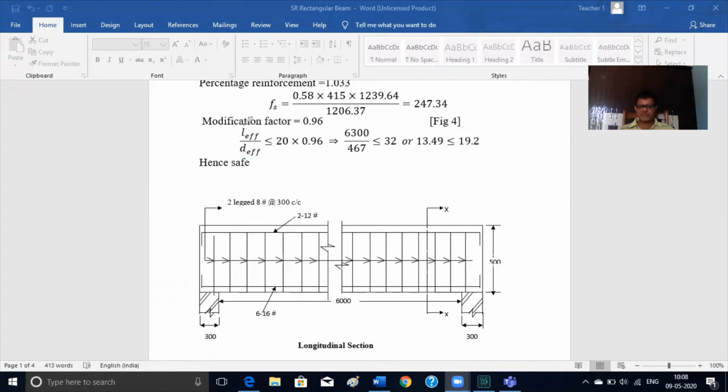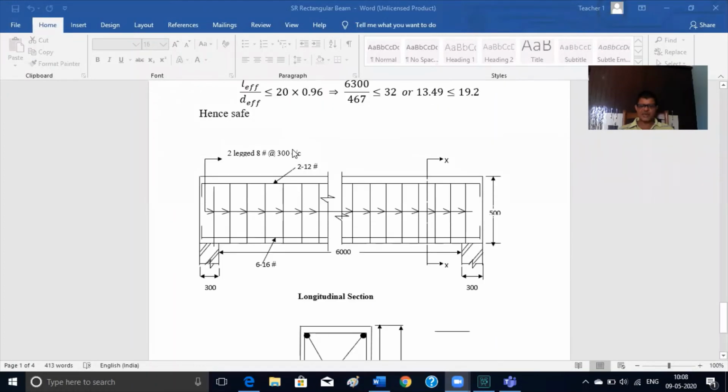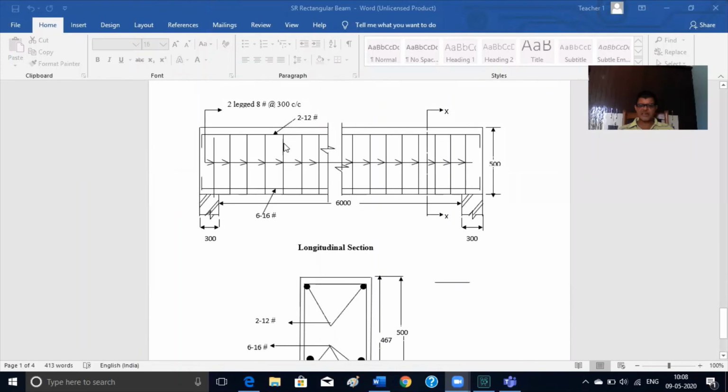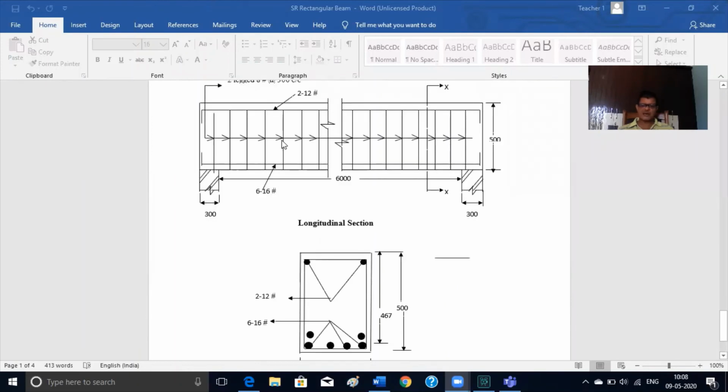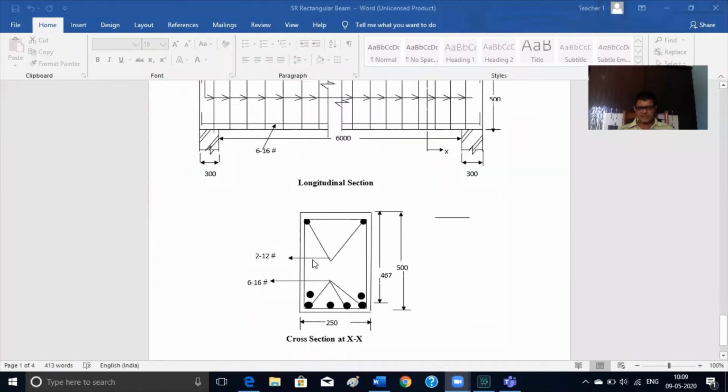Now once you do the deflection check, then you have to do the detailing of this design. I have already told you the design detailing can be found in SP34. So we have shown this section here. What is the cross section? The cross section is 300 by 250 by 300.